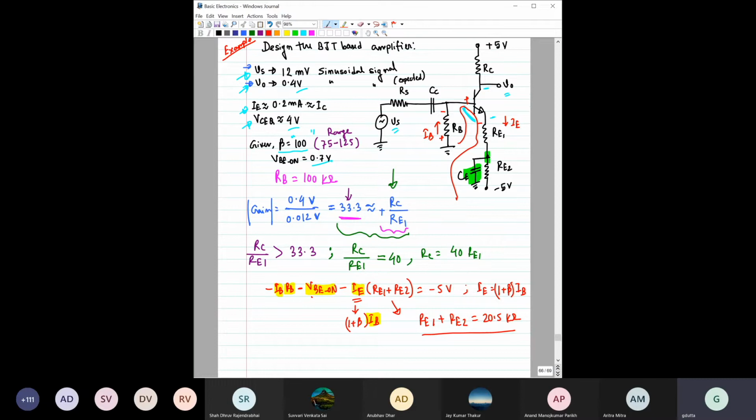Now probably we can also apply KVL along this loop. Could you please tell me what the equation should be if we write KVL from plus 5 volt to minus 5 volt?